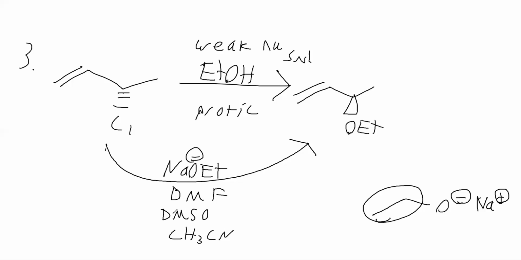There's a lot of options, but these are some of the better ones. Or if we just wanted to take these conditions and correct the product, there. Now if we're not showing the stereochemistry inverting, it just lost its stereochemistry. So that would be correct. You just fixed the product.